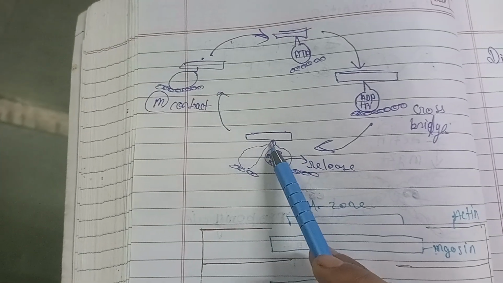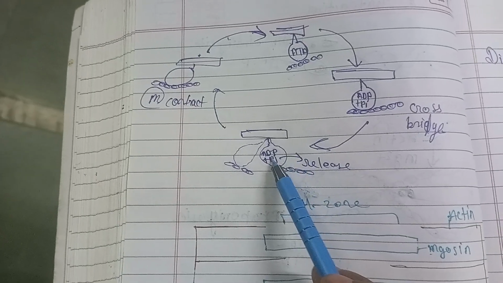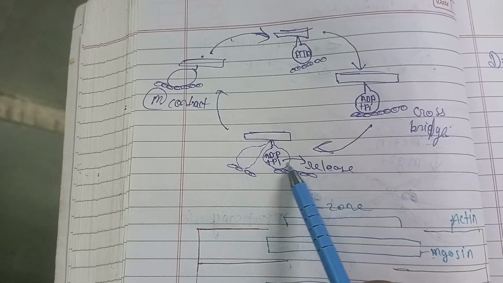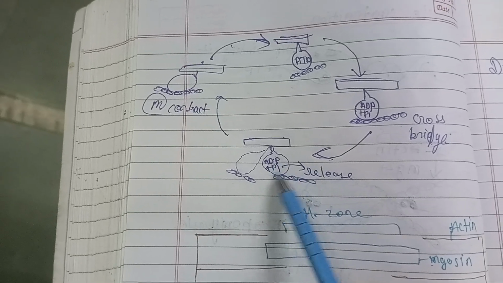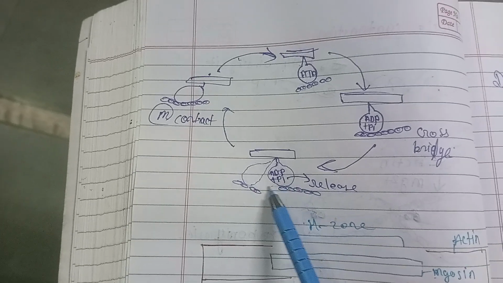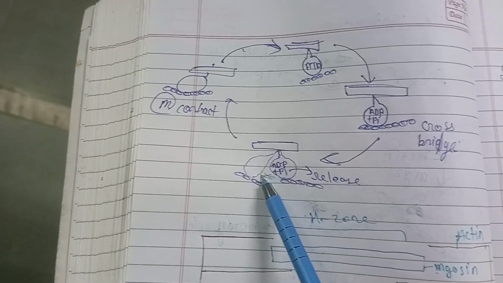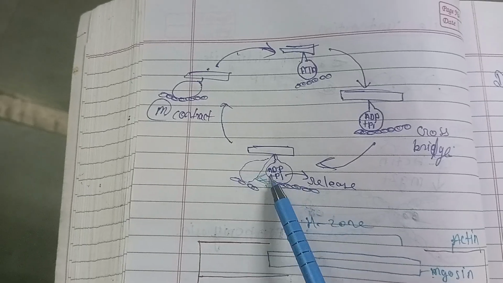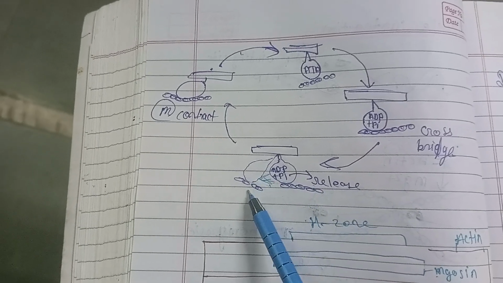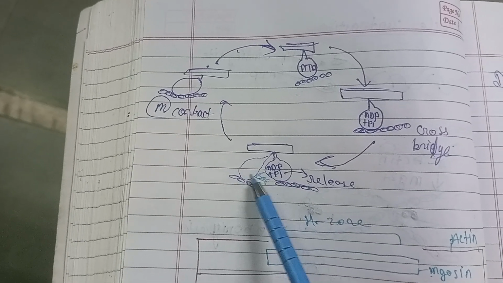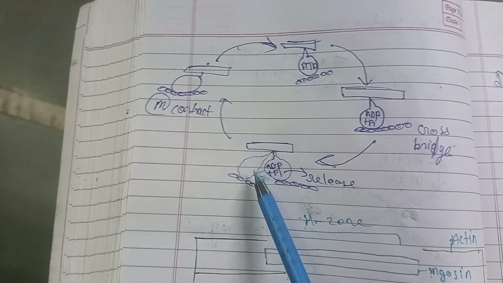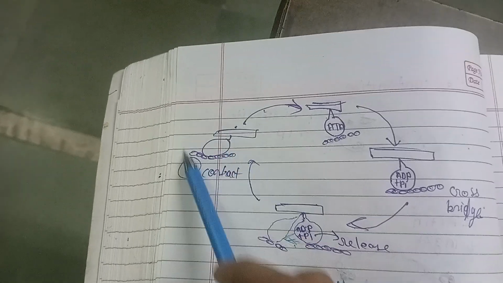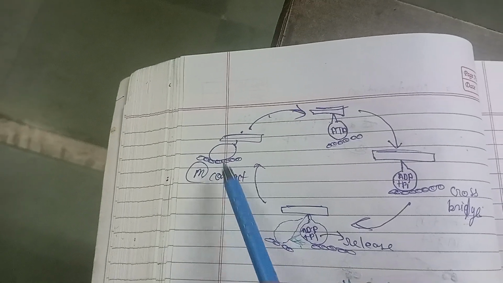When the head of the myosin releases ADP plus IP, the head of myosin just replaces its place. Actin also binds with the head of myosin, so it again replaces its place and the muscle contracts. This is called muscle contraction.